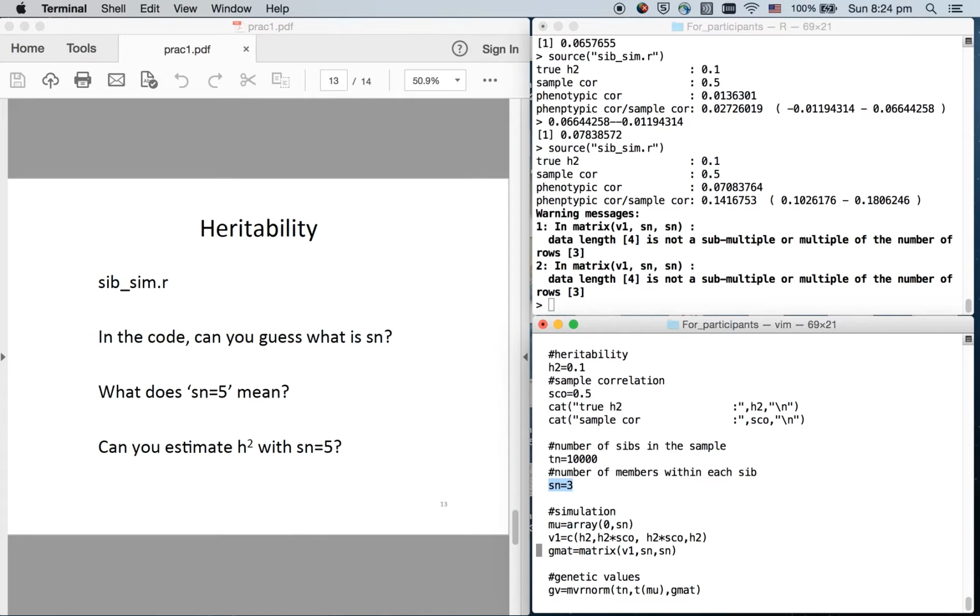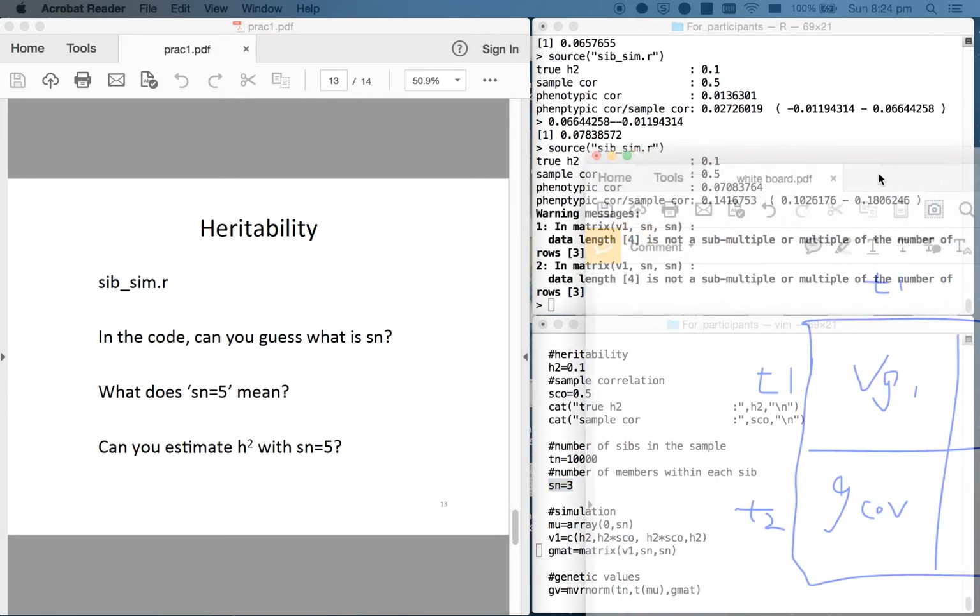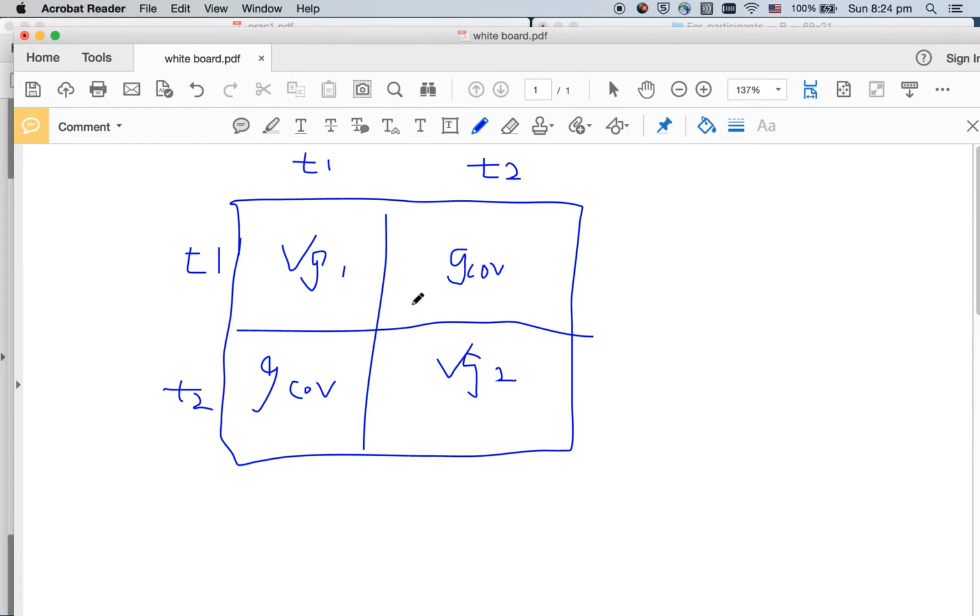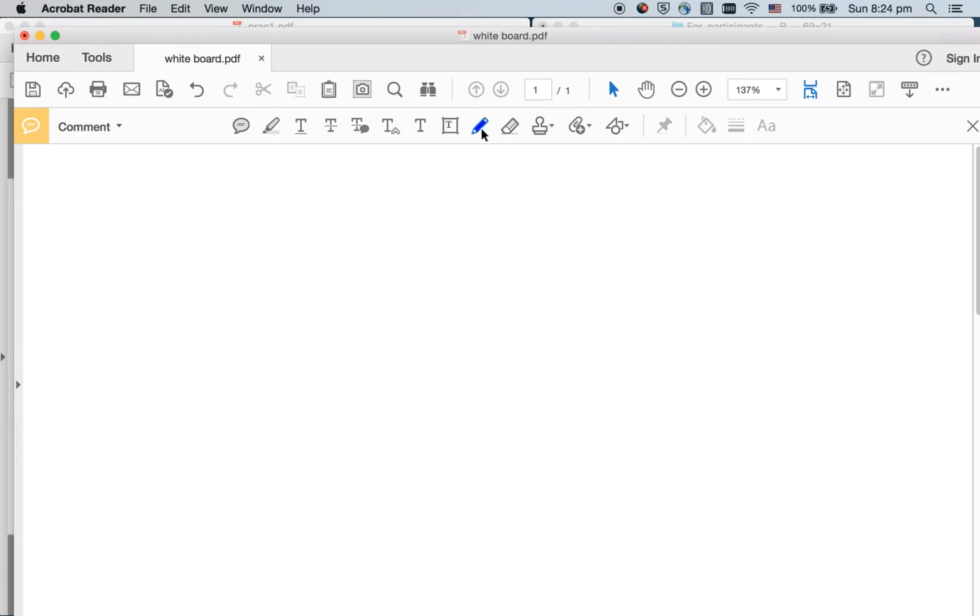So I can draw on the whiteboard. I delete this. Yeah, so you have the full sib design or MZ design. So you have the first sib, and this is the second sib, and this is family 1 to family n, right? So you use the 10,000 in your simulation code, 100 or millions before.